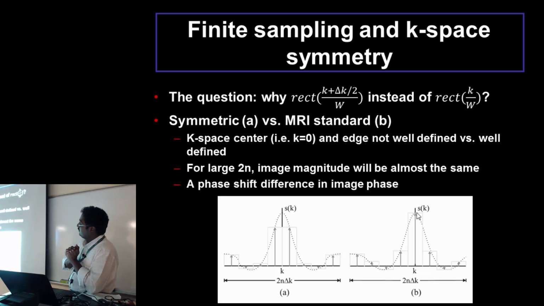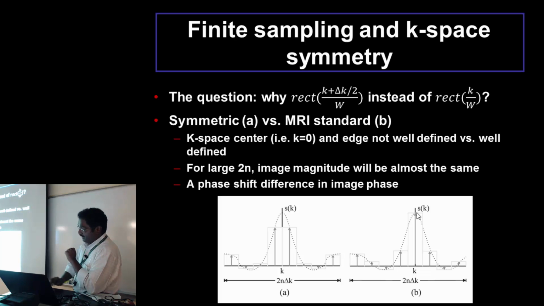If you're losing the center of k-space, then the DC value of your signal is gone. So the baseline intensity would be lost if you don't sample the center of k-space. In other words, you would see some signal loss effects.